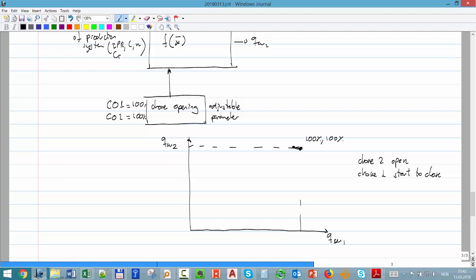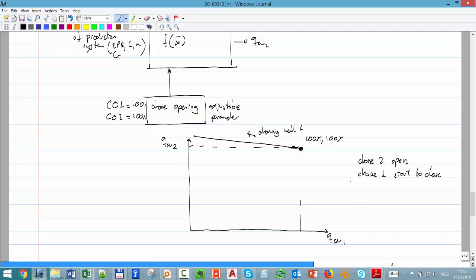So here I'm choking, choking, choking in that direction. I'm going to be choking well 1. So you see that's the limit of that area. And then I can make the same analysis.